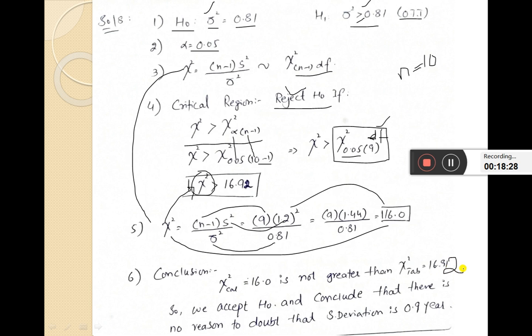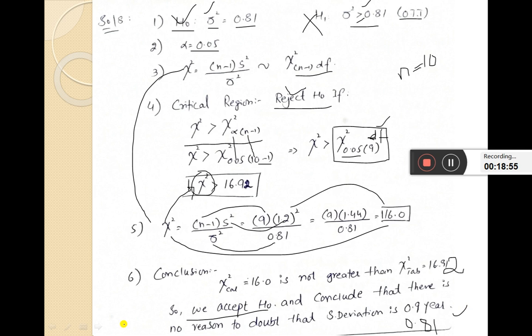So we accept H naught. It means we have to accept H naught and reject H1. Simply stated, we conclude that there is no reason to doubt that the standard deviation is 0.9, or the variance is 0.81. Hope the idea will be clear.